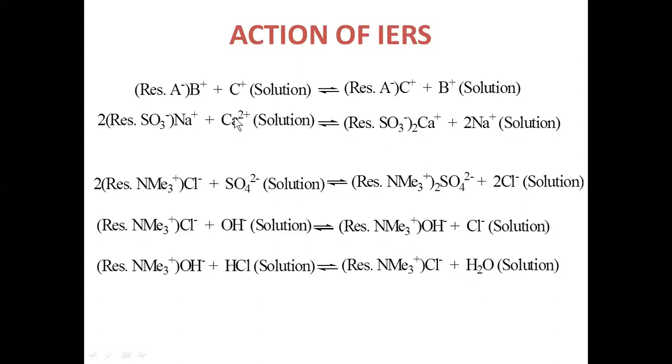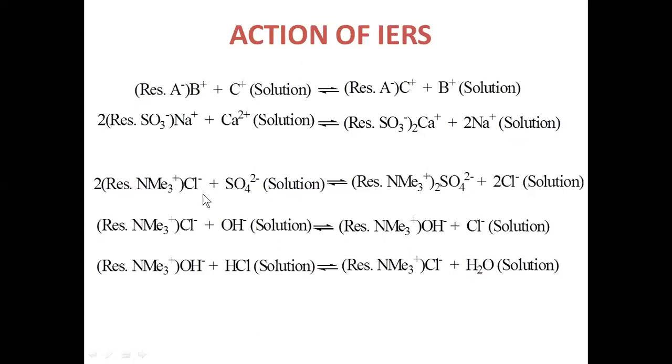So if you pass a calcium solution through a cation exchange resin in the sodium form, the calcium 2 plus ion, divalent calcium, is going to be exchanged in place of the sodium ion. This is going to be Ca2 plus, releasing the sodium ion as an effluent.